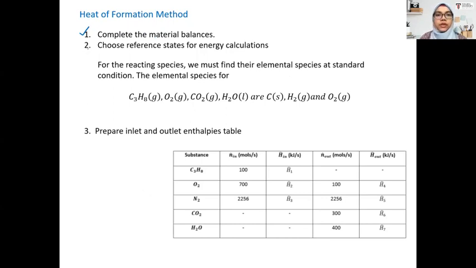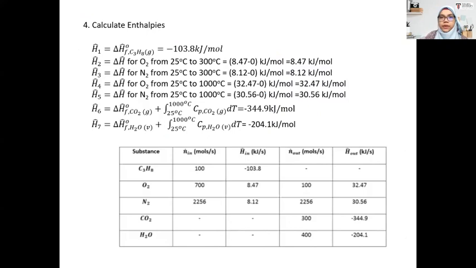Then choose the reference state for energy calculation at 25 degrees and 1 atm. For the reacting species, we must find their elemental species at standard condition. These are the list of substances, and then we may prepare the inlet outlet enthalpy table.